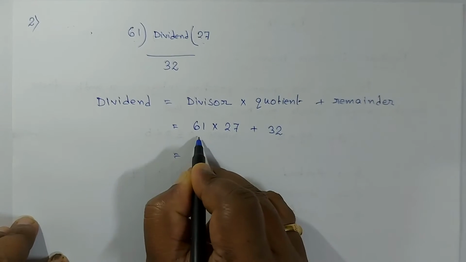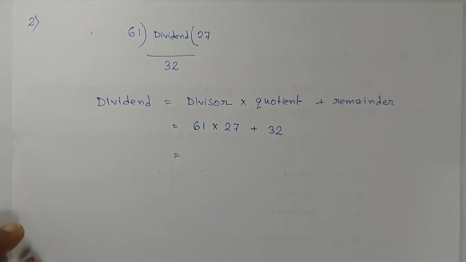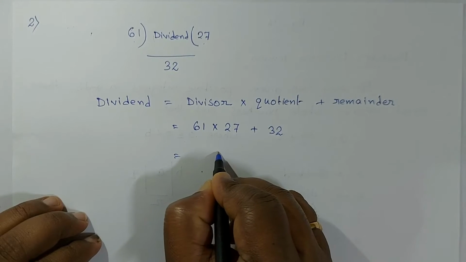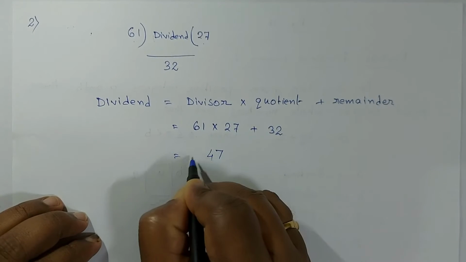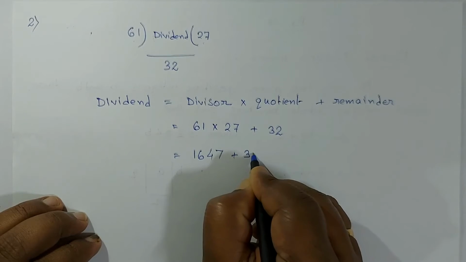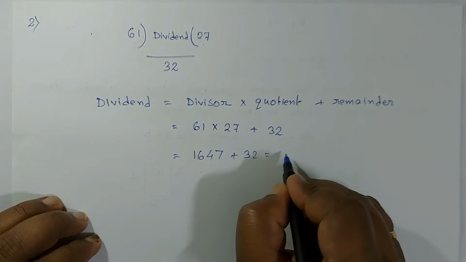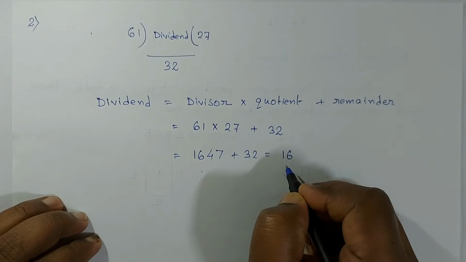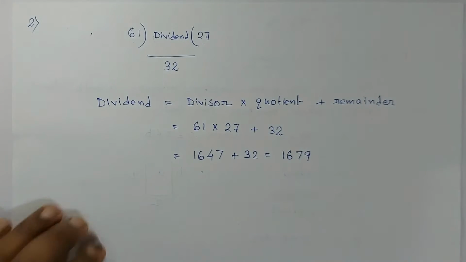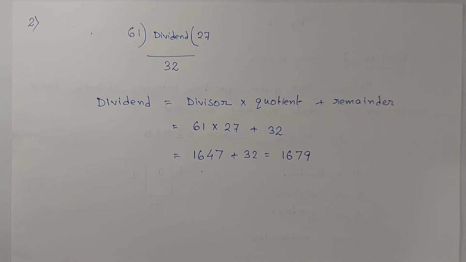Now if I multiply 61 with 27, I get 1647, plus 32. So this makes it 1679. So the dividend we have determined is 1679.